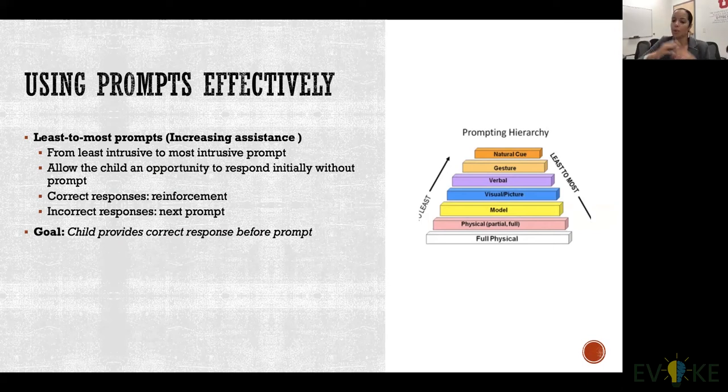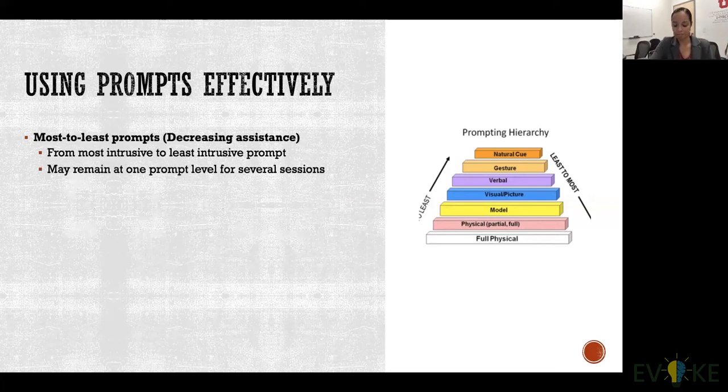And so you would go from gesture to verbal to visual to modeling to then providing physical assistance, whether partial or full. The goal of least to most prompts, or increasing the assistance, is really ensuring that the child is able to provide a response before a prompt is even administered. And so that's the goal of this one particular strategy within the prompt hierarchy.